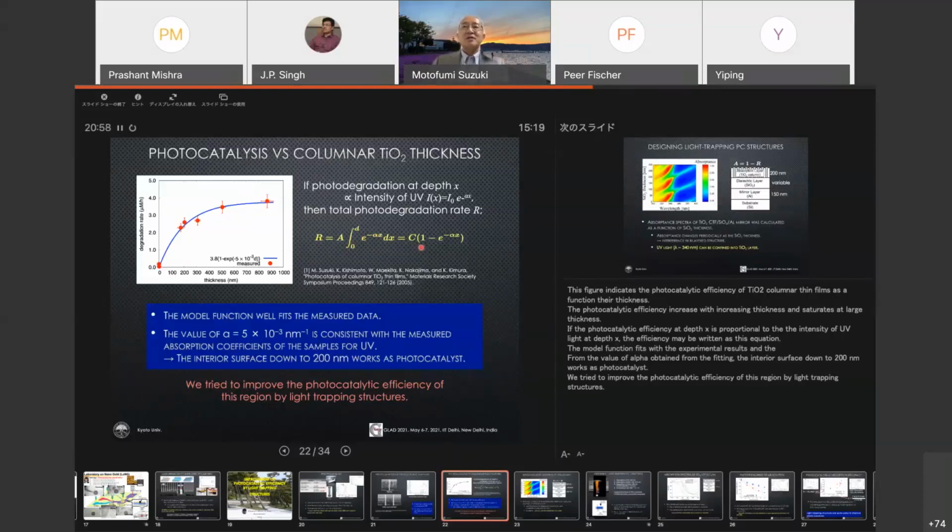The model function fits the experimental results, and from the value of the fitting parameter alpha, we can conclude that the interior surface down to 200 nanometers works as the photocatalyst. So we tried to improve the photocatalytic efficiency of this region by a light trapping structure.